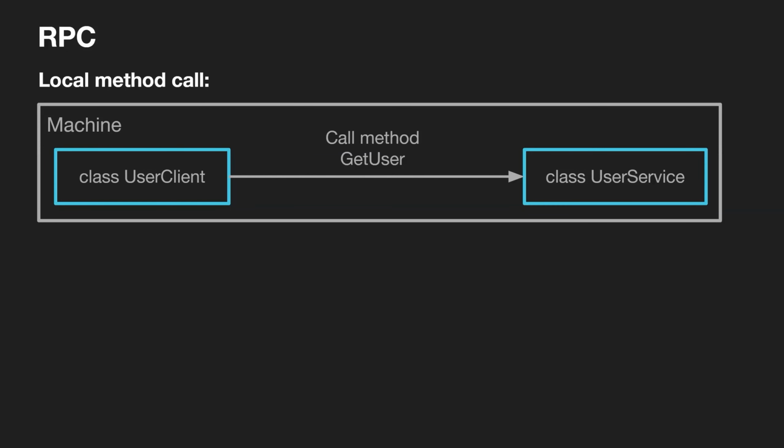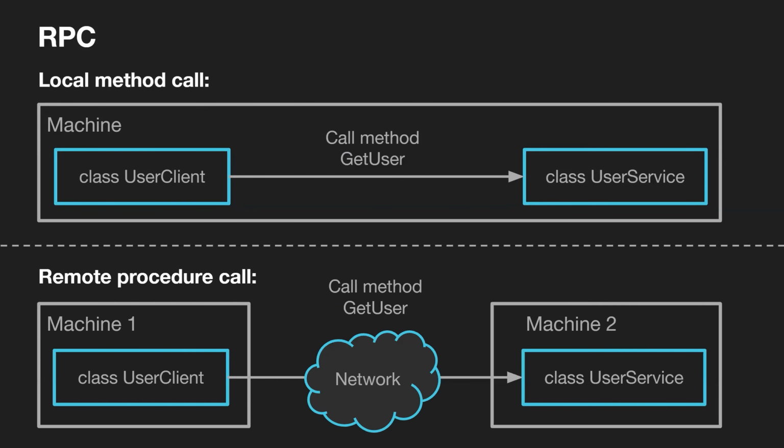What an RPC is about, a remote procedure call, is that we would like to do a similar method call, just that the two objects, from which we are calling the method and on which we are calling the method, live either on the same machine but in different processes, or they live in different machines.